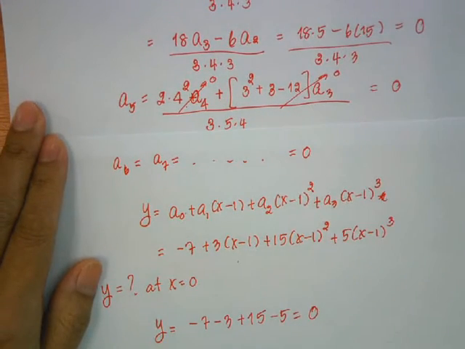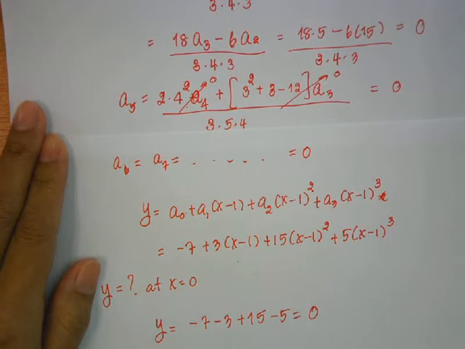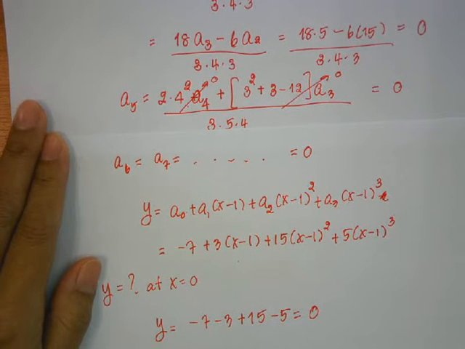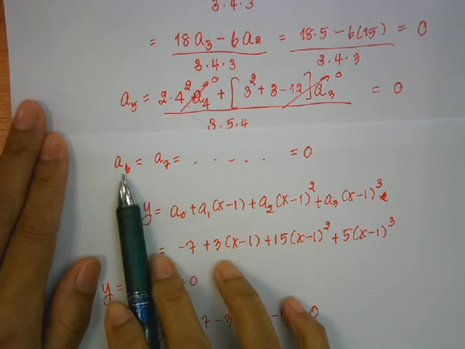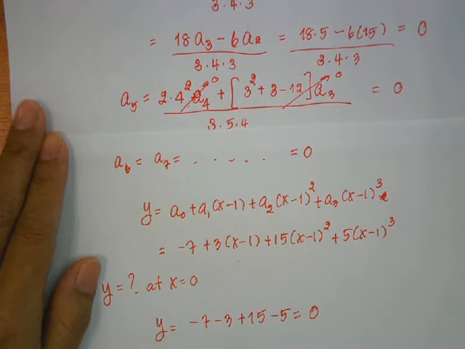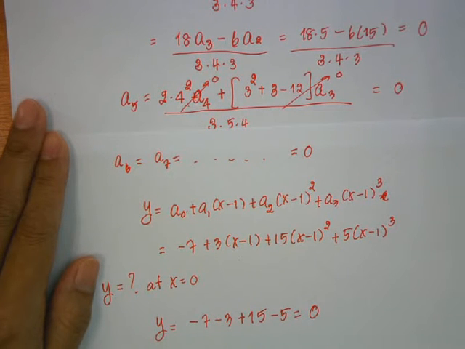Because a6 is a function of a4 and a5, and a4 is 0, a5 is 0, so a6 is 0. a7 is a function of a5 and a6, and a5 and a6 are equal to 0. So now a from 6 to infinity would be equal to 0. So you have only a0 until a3.